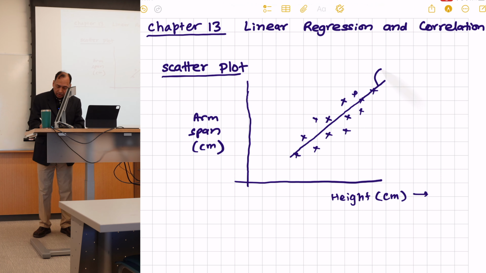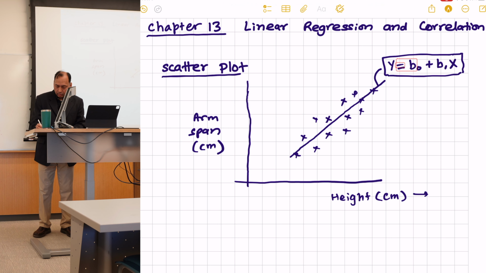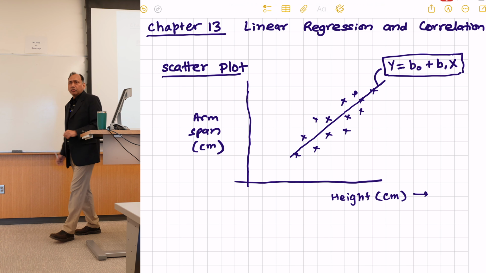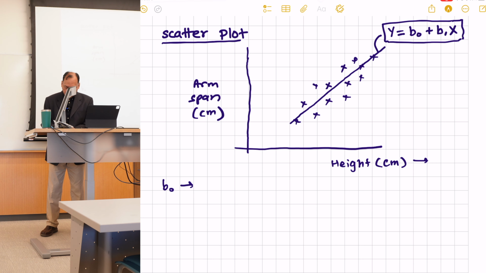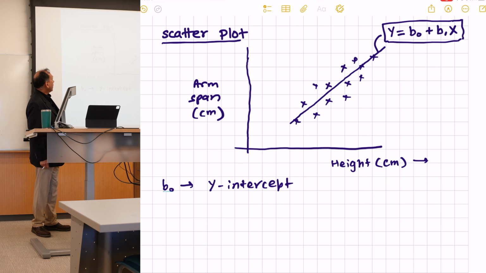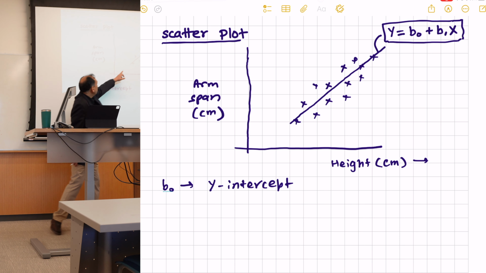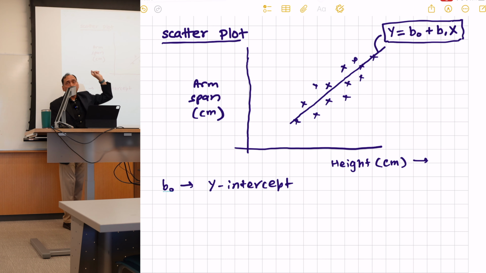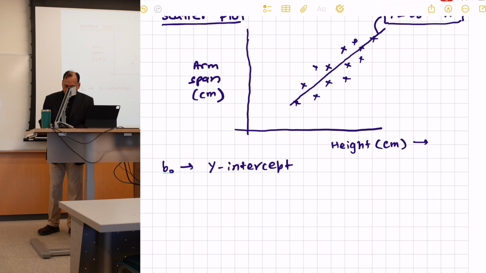This is the equation of a straight line, y equals b0 plus b1x, which you might have seen starting from middle school. This b0 is the y-intercept. Y-intercept means if you extend this line, where that line will cut the y-axis, that point is b0. And then b1 is the slope.